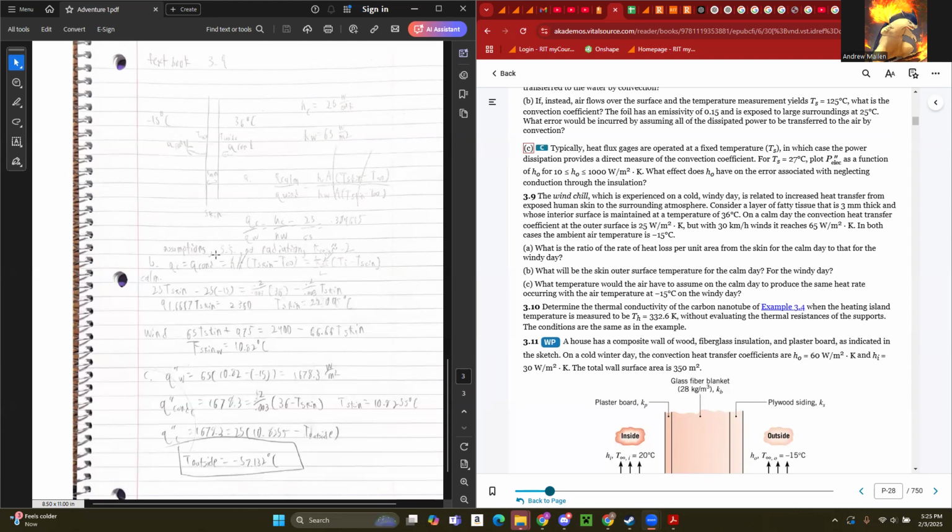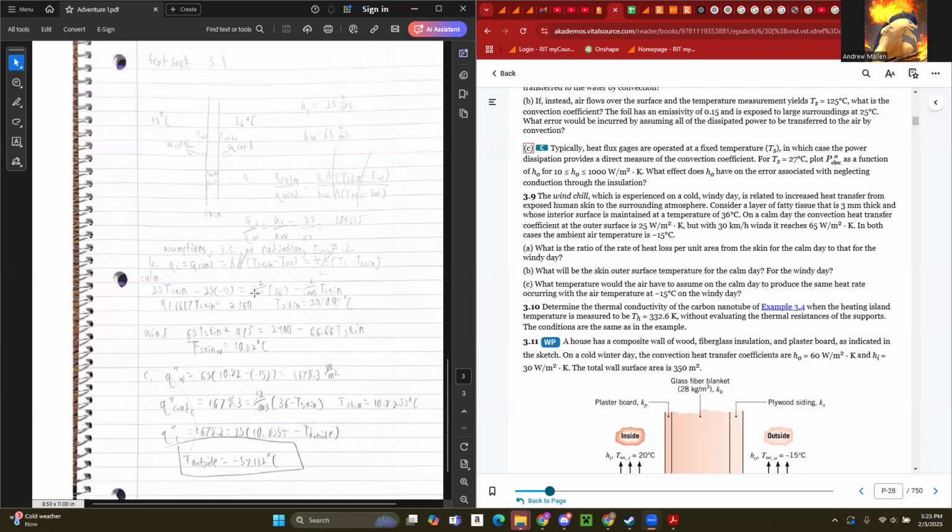The heat flow due to conduction is equal to kA over L times T inside minus T skin. And that's going to be equal to the heat flow of convection on the calm day, which is equal to hA times T skin minus T infinity. Plug in some values.